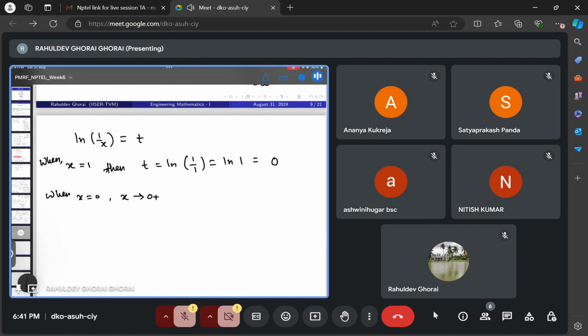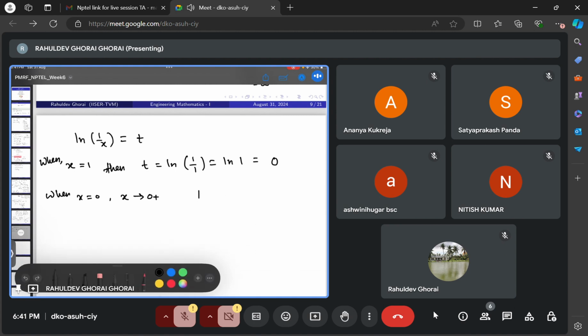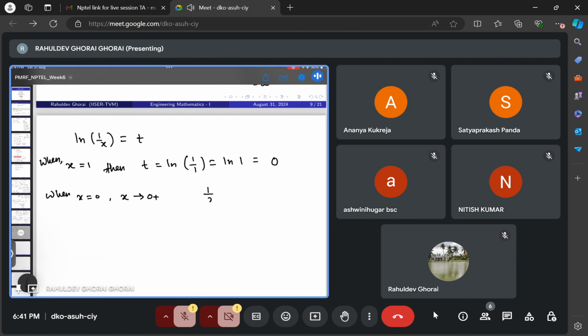So when x tends to 0 plus, first we have to understand how 1 by x is behaving. 1 by x will converge to plus infinity, and then ln of 1 by x will also go to plus infinity, because we have seen the ln graph looks like this.